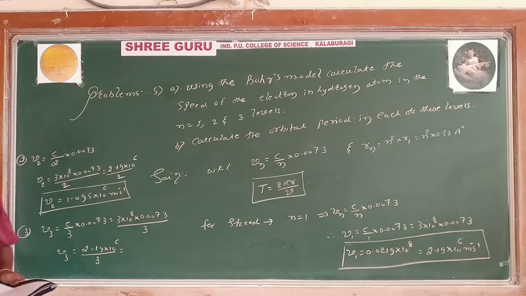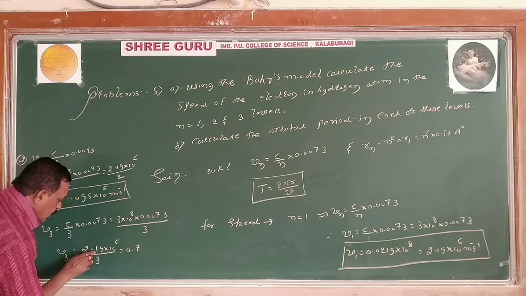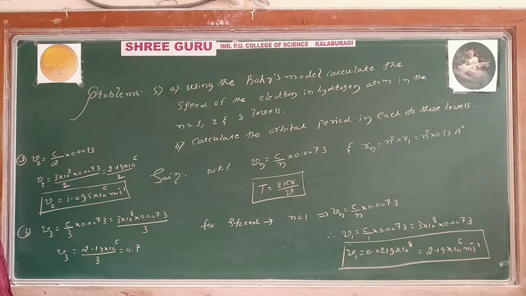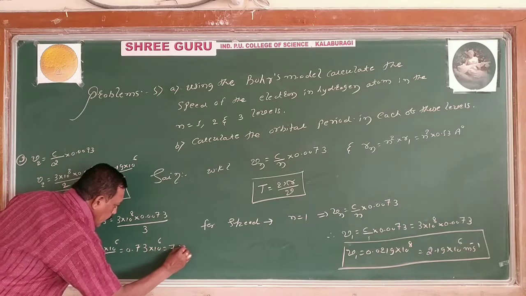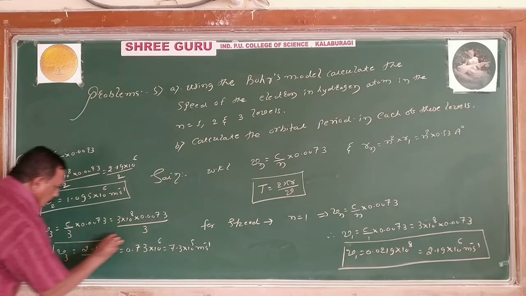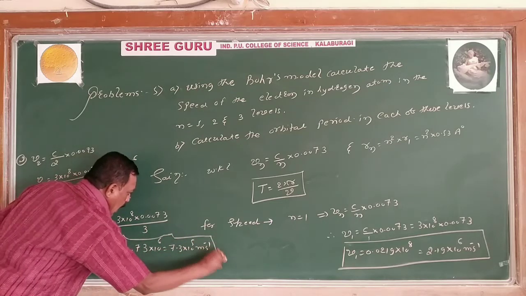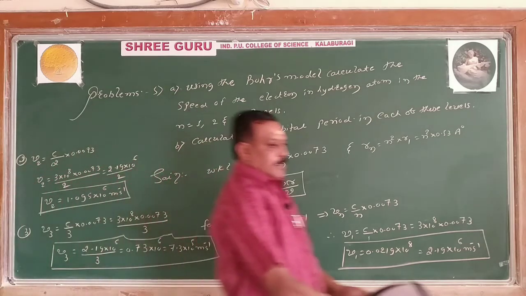That is nothing but 0.73, 3 3s are 9, into 10 to the power of 6, that is 7.3 into 10 to the power of 5 meter per second. You can write that. The 3 are done. Then I go for the time period.